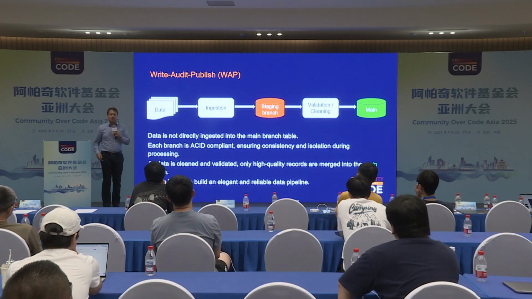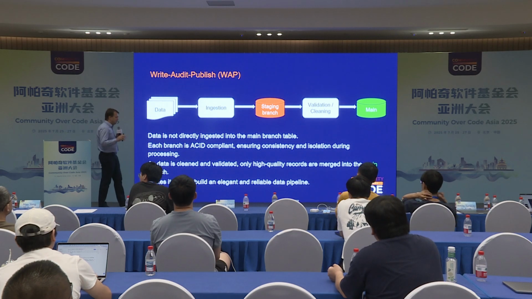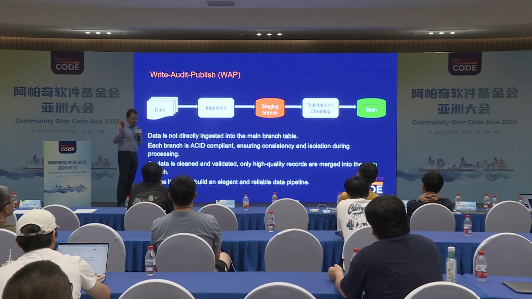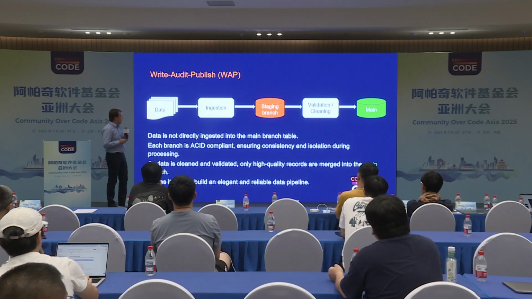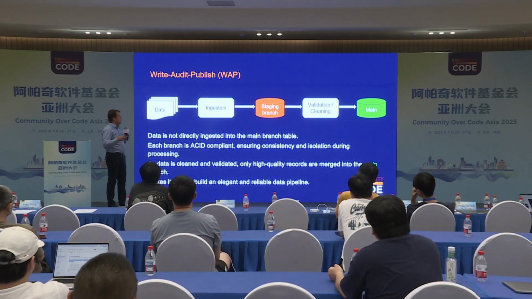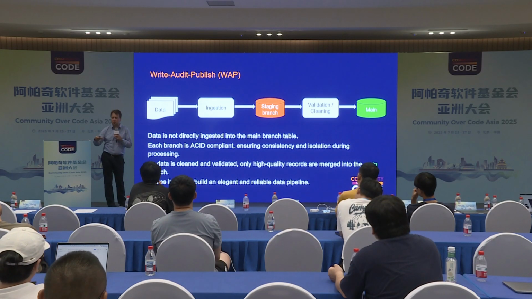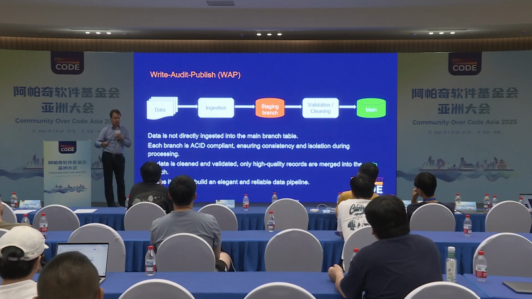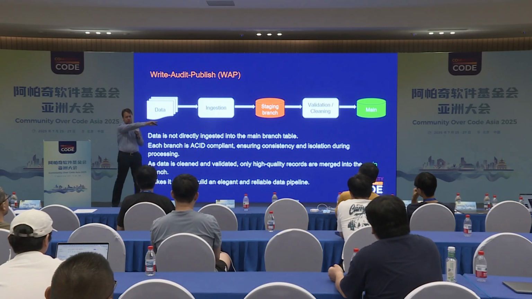But let's talk actually about the pattern. The data, the majority of the time, should not be ingested directly into your table. Why? Because you can have, in this case, a staging branch.